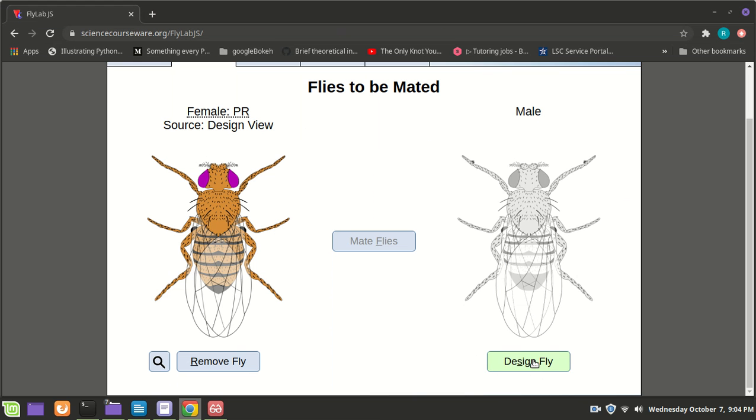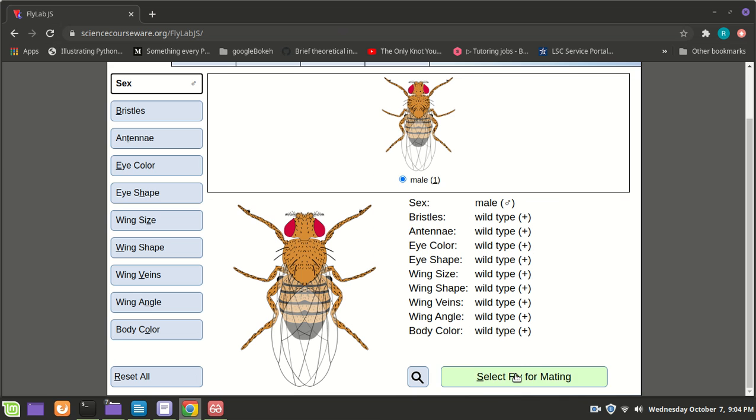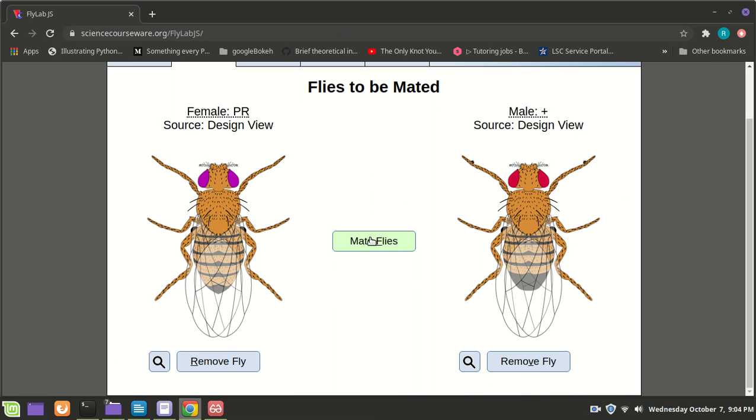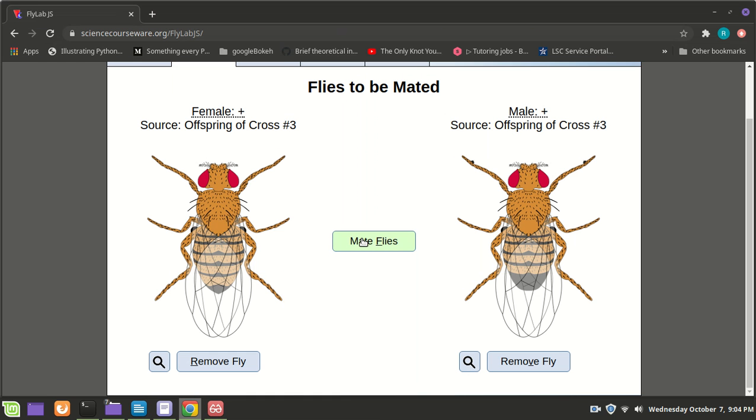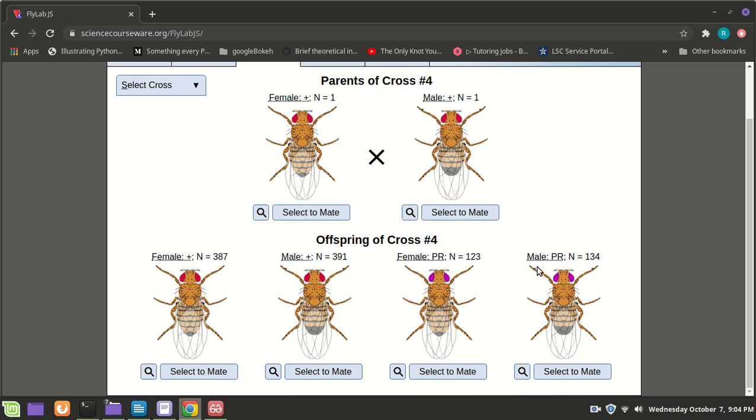And then the male will be wild. Alright, we're going to mate them. And you get the same thing. Doesn't matter if it's male or female. You can select to mate this one and this one. Mate those flies, and you should get roughly the same numbers that you got before.